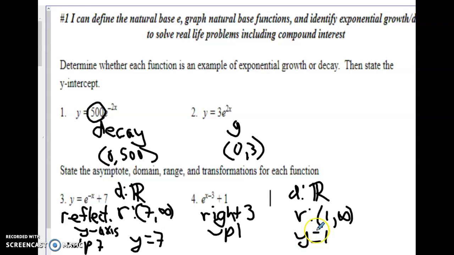One way you can tell that is because it's a horizontal asymptote, so it's y equals something. Vertical asymptotes are x equals. But then also it's the range that's affected, and the range is all the values of y. So the y equals 1.